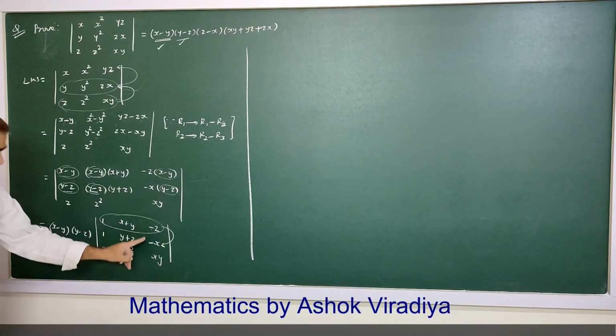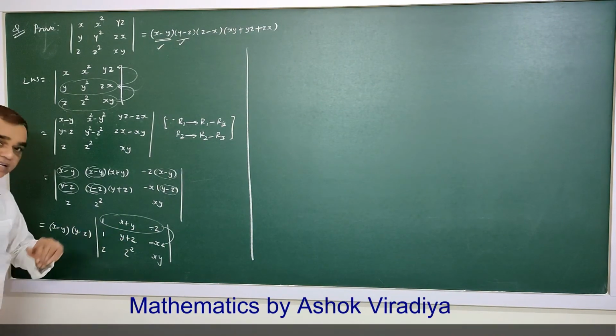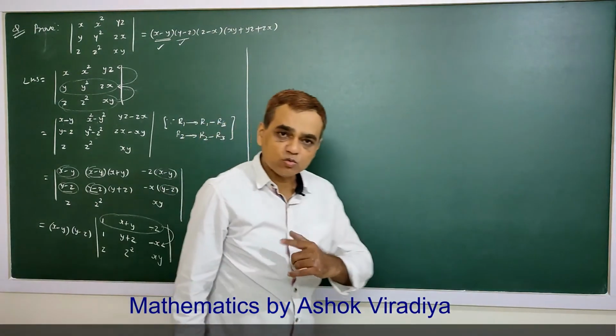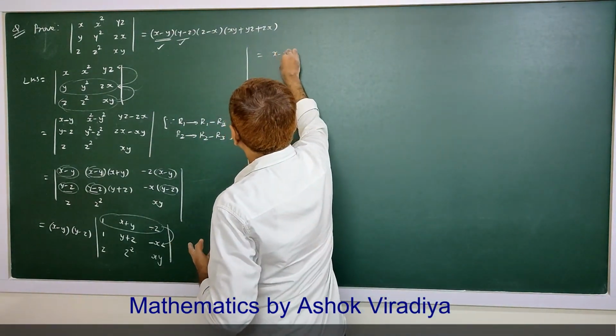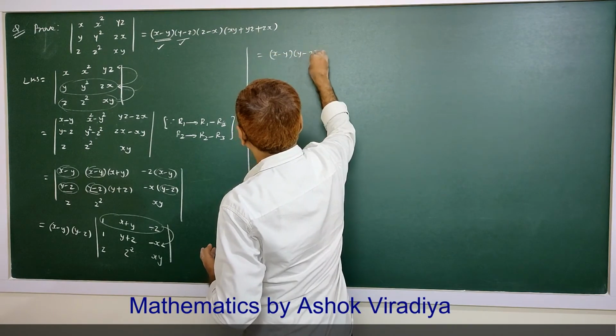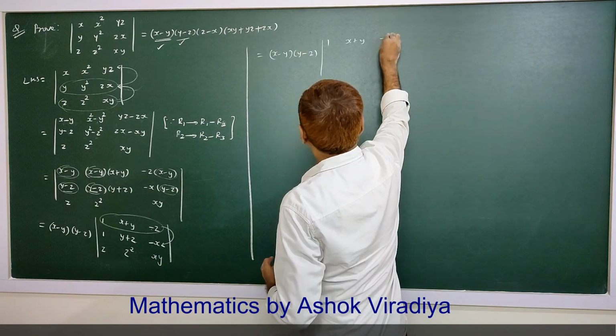So this will be z minus x. Here we will get 0. And here y will be cancelled, z minus x. That will do. So it is equal to x minus y, y minus z, 1, x plus y minus z.